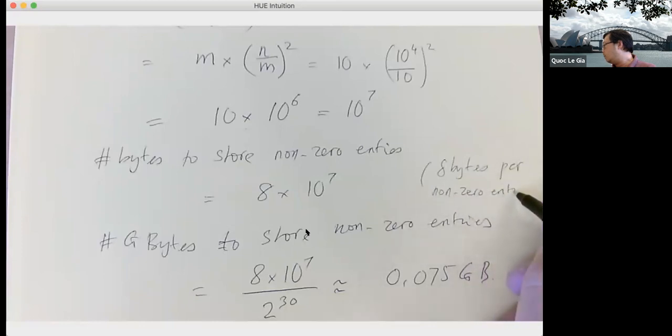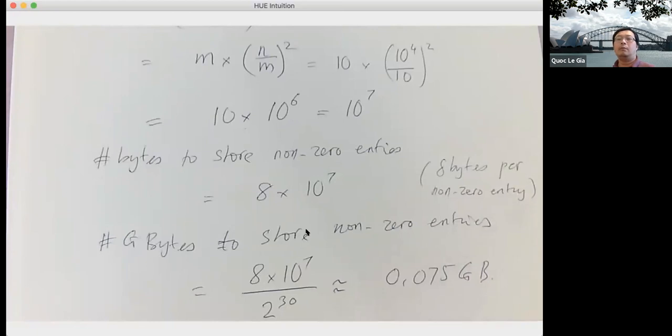Okay, and then you get out the number of gigabytes. So any questions so far? So far, so good. Okay, so everything is okay, right?